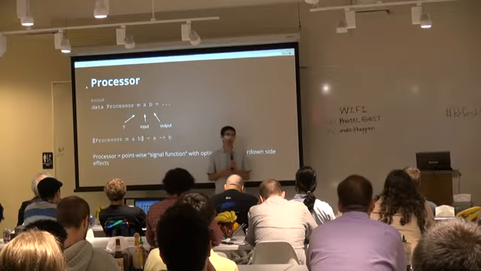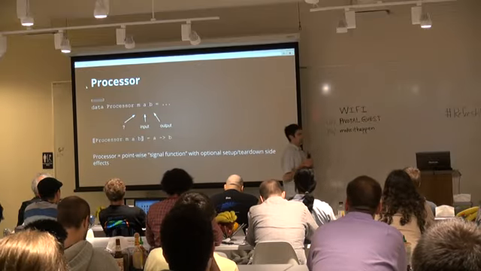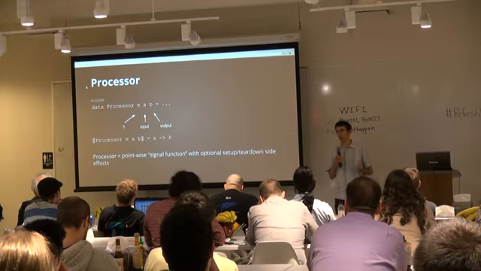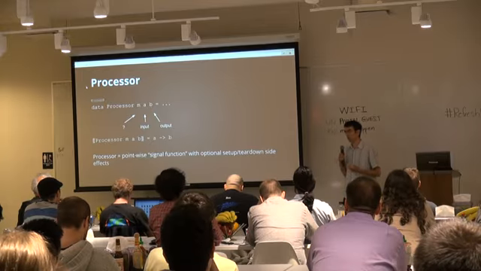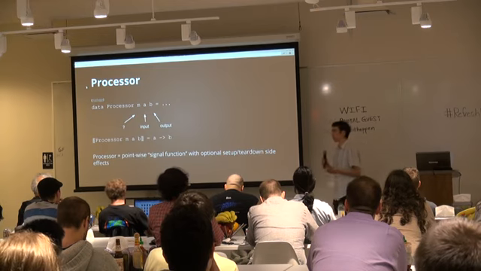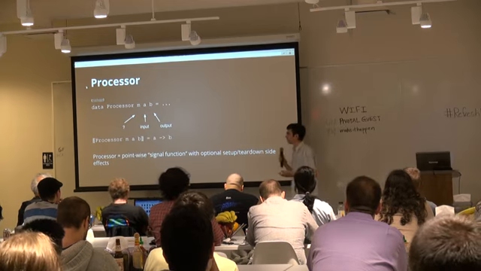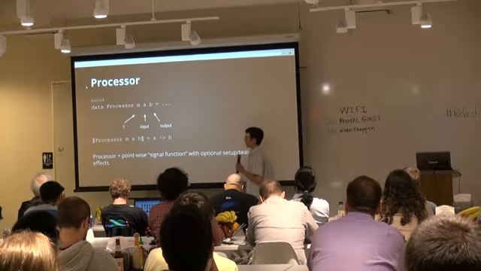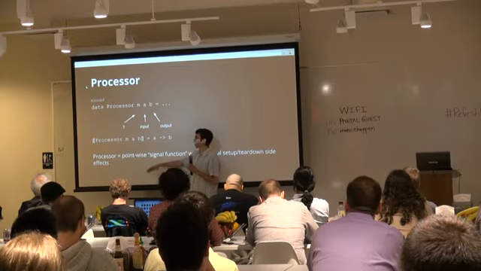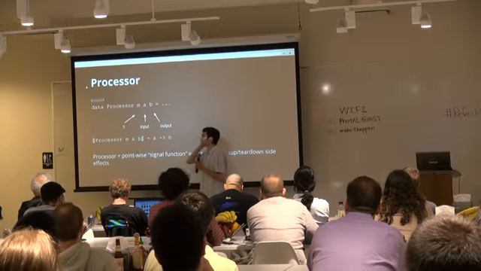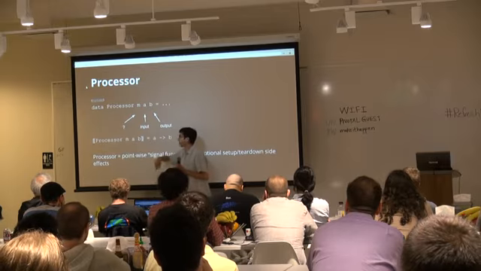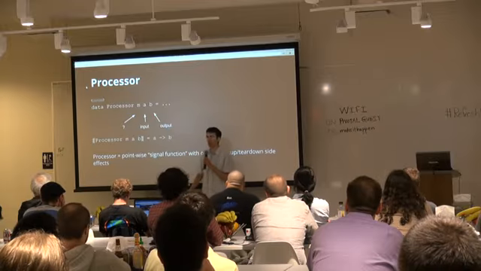Okay, so processor is what I decided to use for representing signals, except that when I thought about it a little bit more, I can't really represent signals as functions of time, as I said before, because that's not realistic. So what you end up having is that signals are just pure functions, or not even functions, they're just values. So a processor really has nothing to do with FRP. It's just a type that makes it easier to do pure functions when you're in some monad, or let's say we're doing I/O and need to do some side effects.